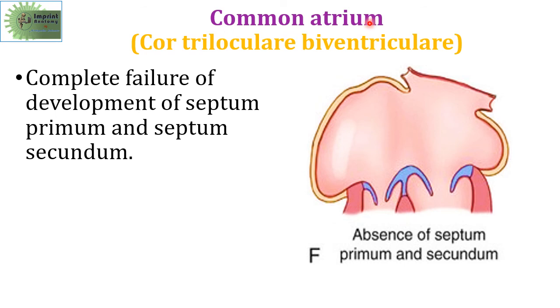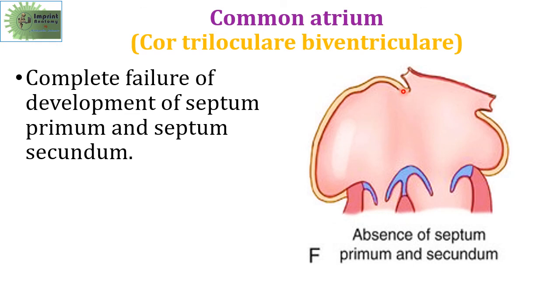Common atrium, the name suggests there is no division or no septum between the atria. In this picture, you can see this is the common atrium and there is an absence of the interatrial septa.